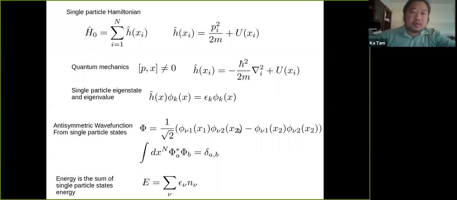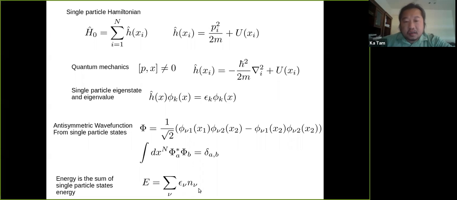It is basically built from the single particle wave functions, taking the product of the single particle wave functions, and then anti-symmetrizing it because of the fermionic property. There is a normalization factor in front of it, which is 1 over square root 2 because we have 2 particles. And the many-body wave function, capital phi, is now normalizable.